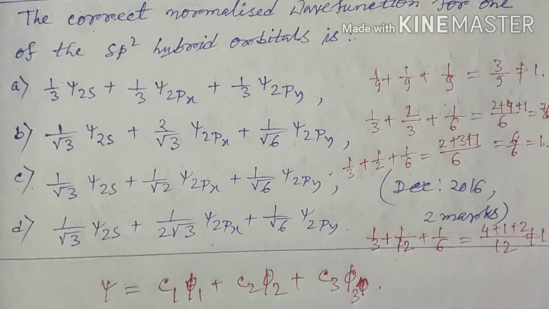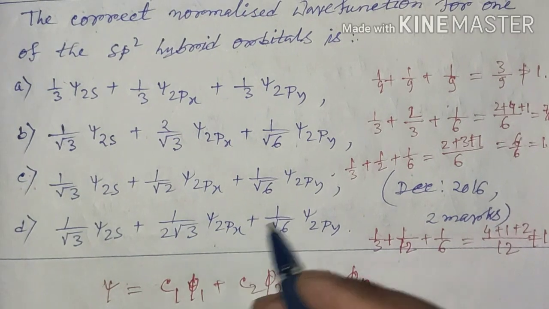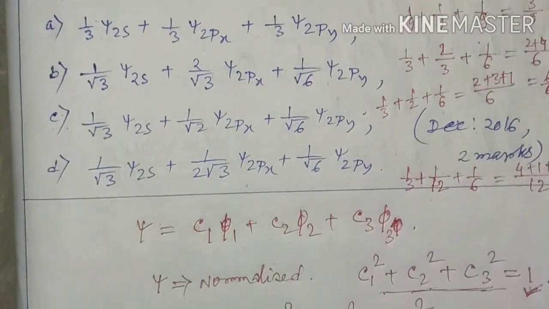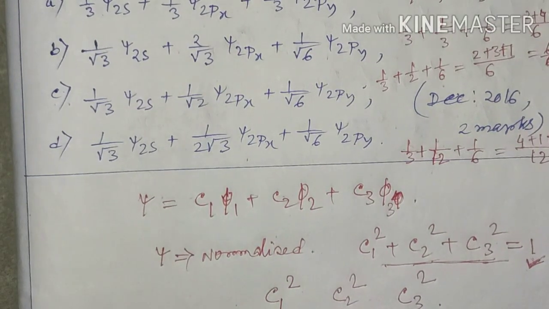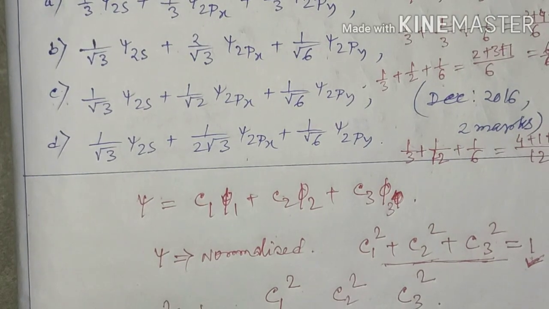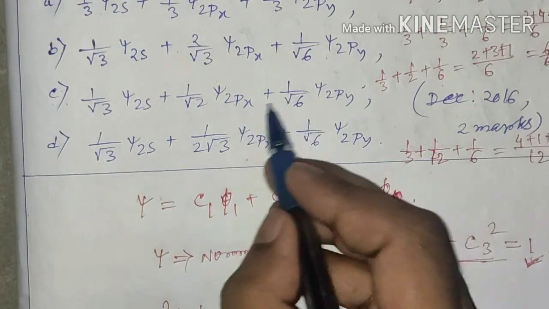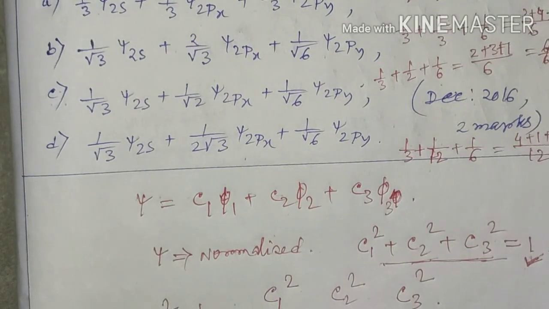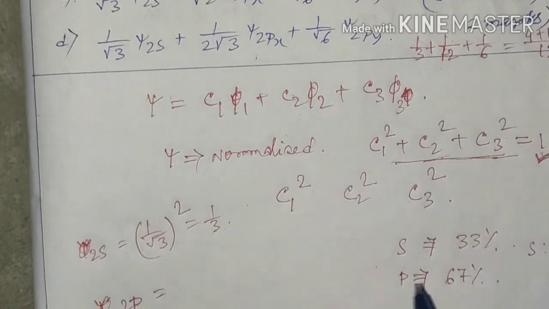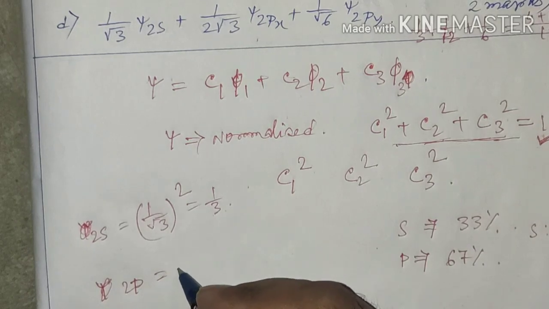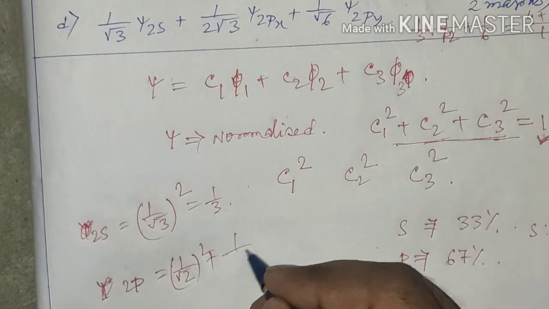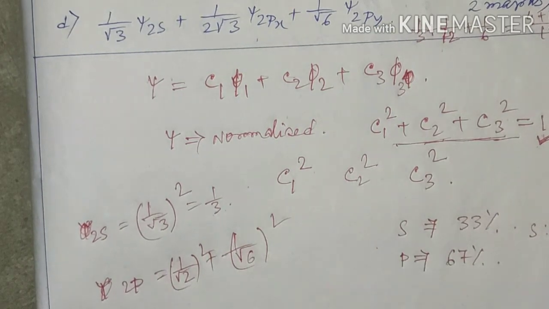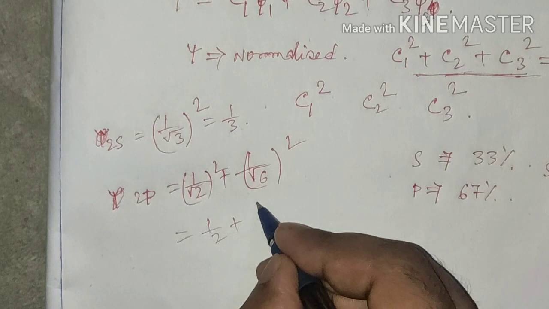Now let's check the second condition, the contribution of the S and P character. For the third case, the contribution of 2s is equal to 1 by root 3 squared, that is 1 by 3, and the contribution of the P character will be 1 by 2 root 2 squared plus 1 by root 6 squared, that is 1 by 2 plus 1 by 6.